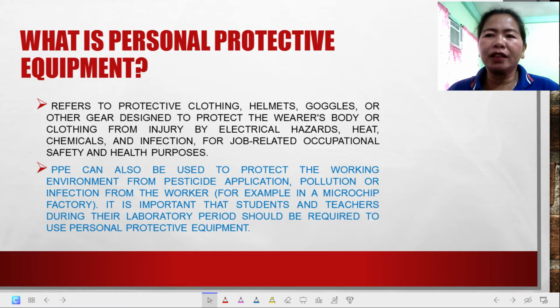PPE can also be used to protect the working environment from pesticide application, pollution, or infection from the worker. For example, in a microchip factory. It is important that students and teachers during their laboratory period should be required to use personal protective equipment.